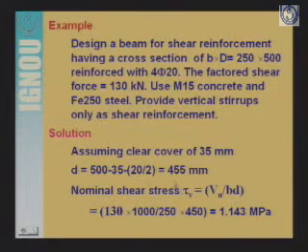That way we get the effective depth as 455 mm. Using this value of 455 mm, we can calculate tau v as Vu by bd. Here this comes out to be 1.143 MPa. This value should use 455 instead of 450.